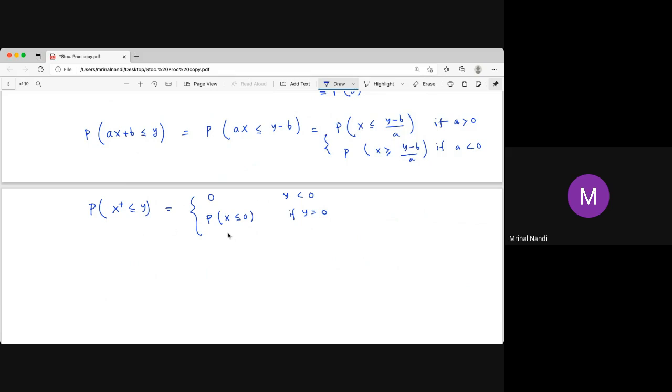If x is negative, then x plus is 0. But x plus cannot be less than or equal to some negative quantity. Now if y is positive, then this is actually x less than or equal to y. So for negative y this part will be 0, and for positive y it is x less than or equal to y, because y is positive now.